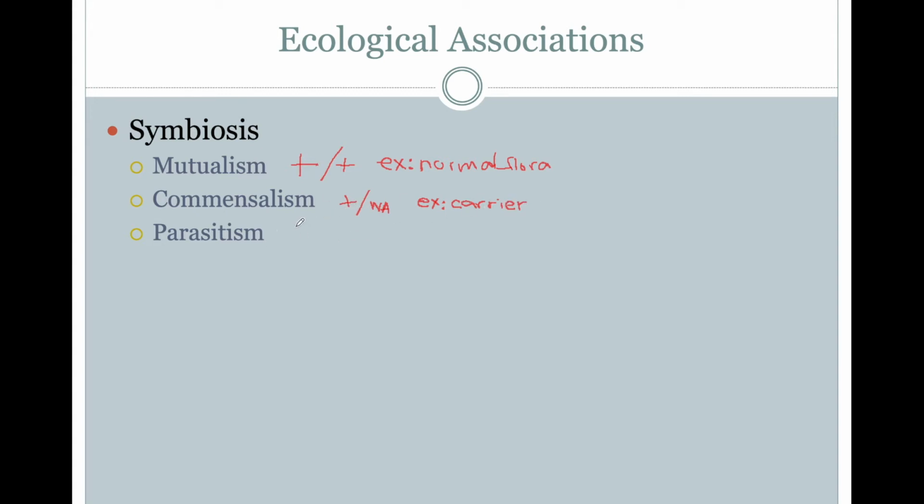For parasitism, one will be benefited at the harm or detriment of the other. And you can already come up with many examples of this, but let's just say our example will be pathogens.